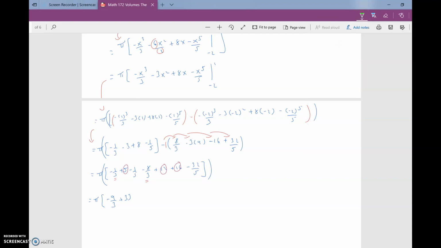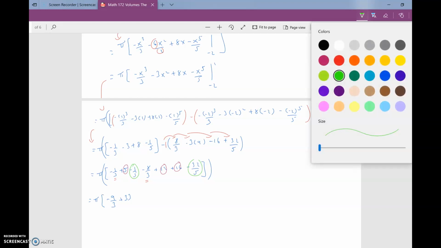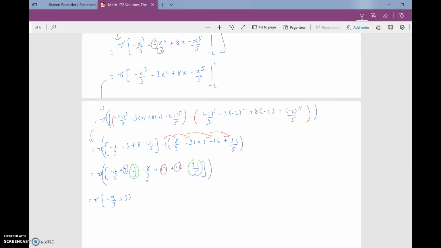Okay, so let me add the fifths now. So among the fifths, we have -1/5 and -32/5. So we're gonna get a -33/5. Let me double check.